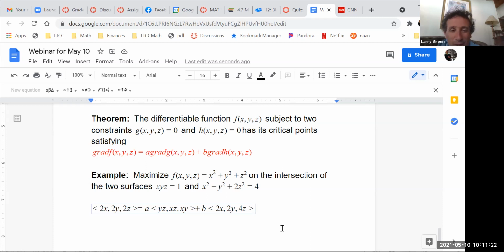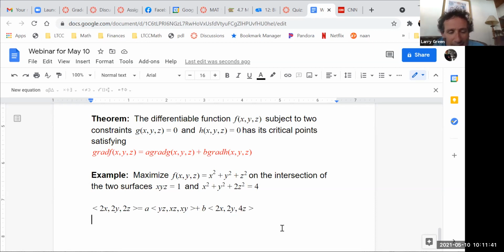It's 5 equations and 5 unknowns, right? Because the constraint equations are equations too. The unknowns are x, y, z, a, b. So 5 equations, 5 unknowns. That doesn't mean it can't be solved, but it means that you might be crying a bit.